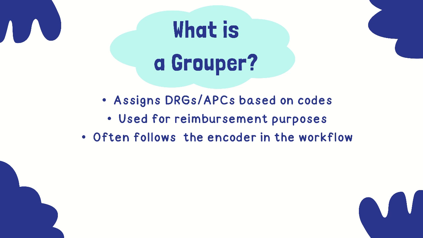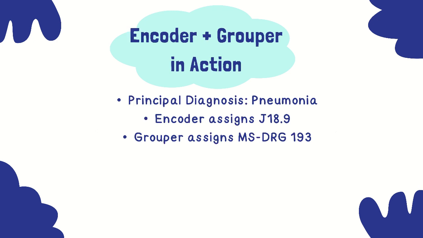And let me just call out one more time that there is also an APR DRG, and that is generally for like Medicaid inpatient services. And so I just want you to keep that in the back of your mind.